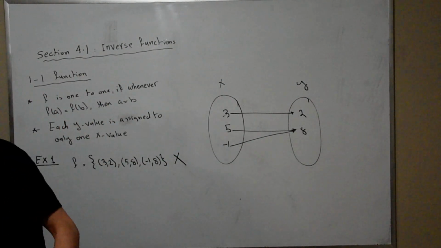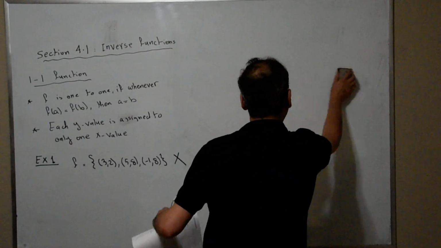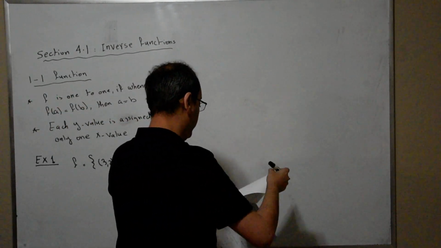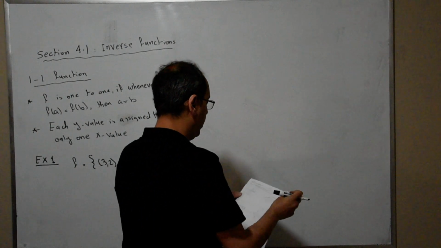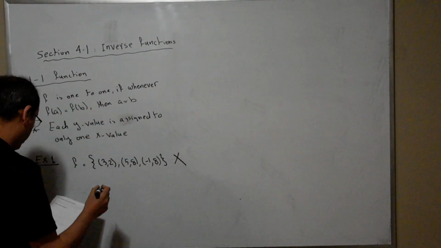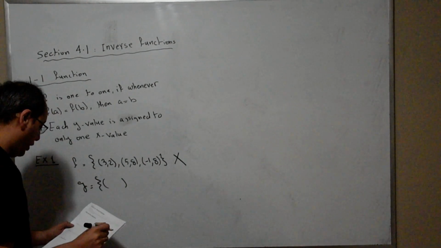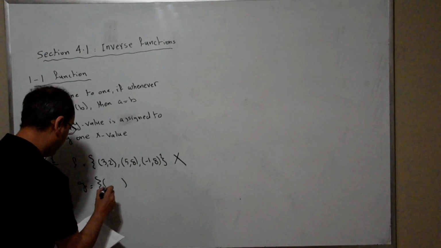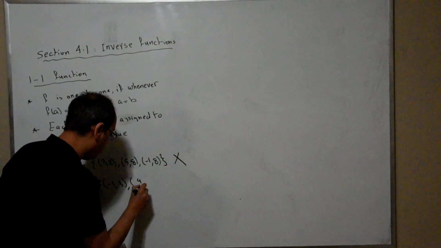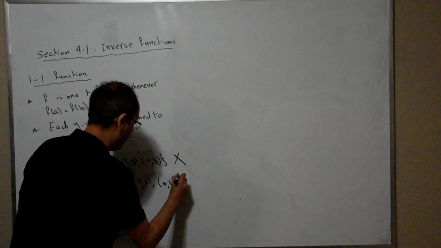Let's get another example, similar to this one. The g is (negative 5, 3), (9, 2), and (0, 15).